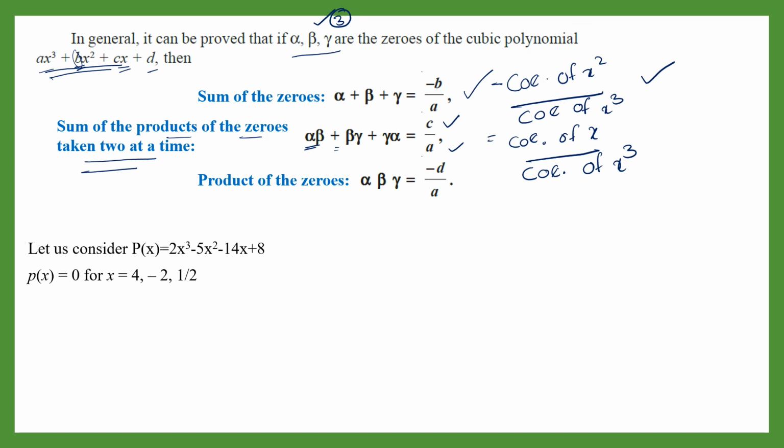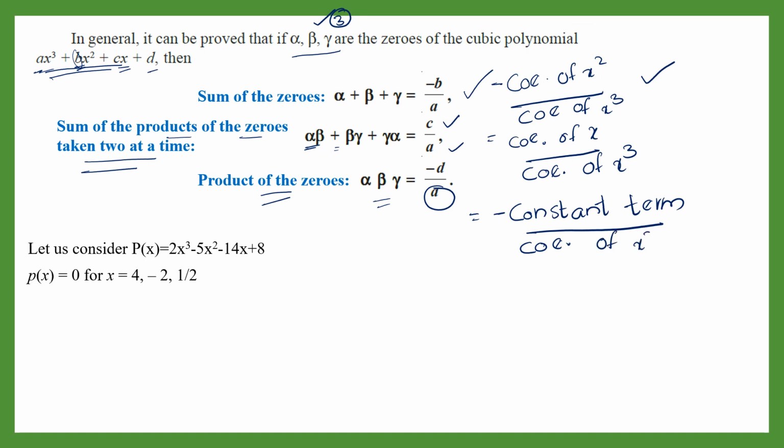Next, the product of zeros. You have 3 zeros here, alpha, beta, gamma. Their product, alpha into beta into gamma, is nothing but minus d by a. Minus d means minus the constant term, by a, where a is the coefficient of x cube.